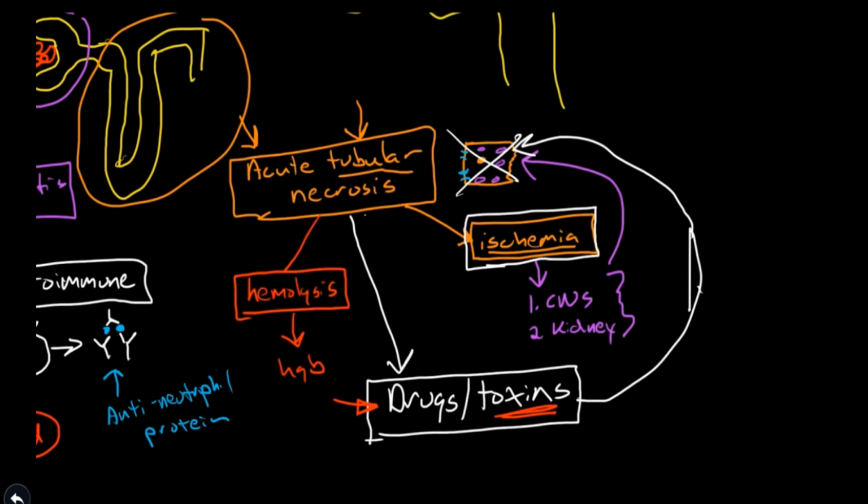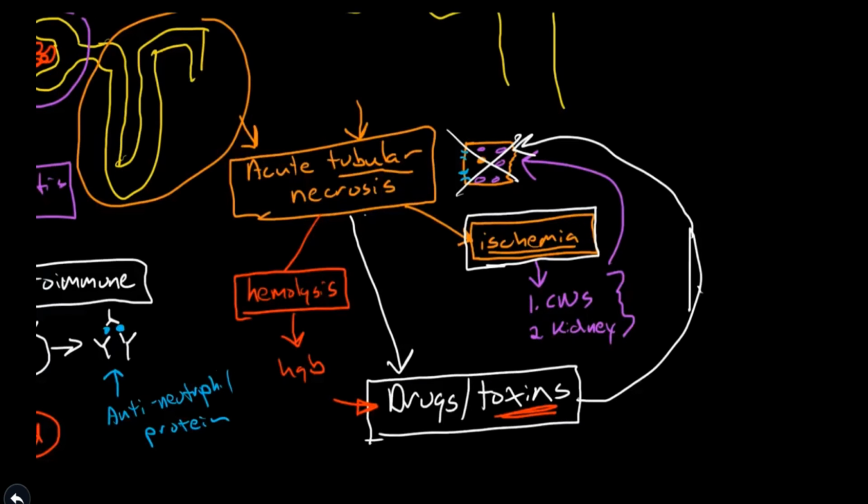Now, hemolysis can cause direct injury to the epithelial cells, just like drugs and toxins, because hemoglobin, obviously the breakdown product, particularly the heme in hemoglobin, can be directly toxic to the epithelial cells in the tubules.